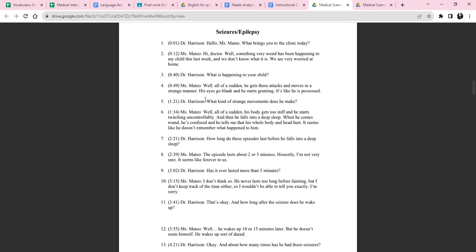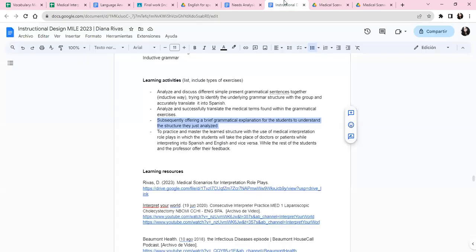So, what kind of strange movements does he make? If we are working with this sentence, for example, we have here thus. Why do we have thus? Well, because it's a third person, and we will be analyzing it, but very briefly.